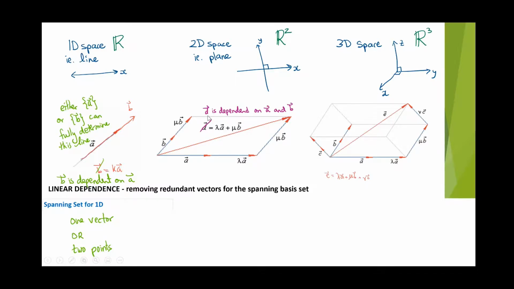So we say that D is dependent on A and B. So this linear combination is true.